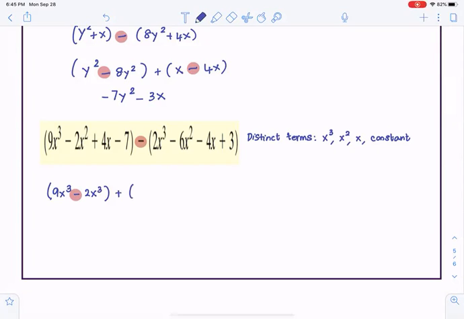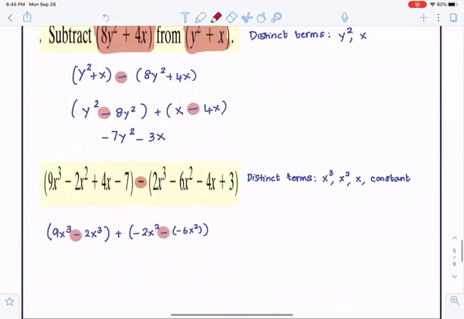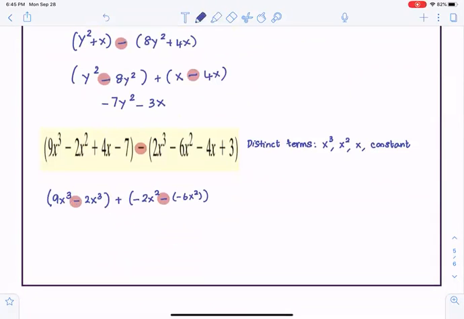Plus, I have minus 2x squared minus 6x squared. The first minus here corresponds to the minus in the middle, plus 4x minus 4x. The minus corresponds to the minus in the middle, plus minus 7 minus positive 3.